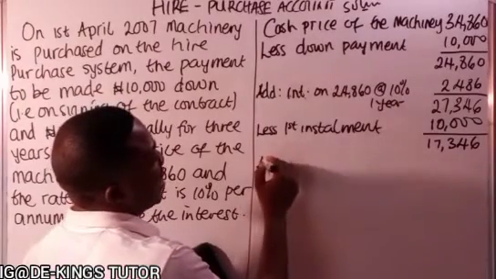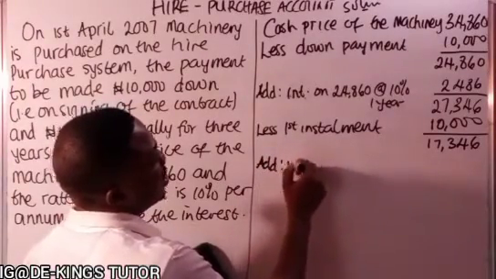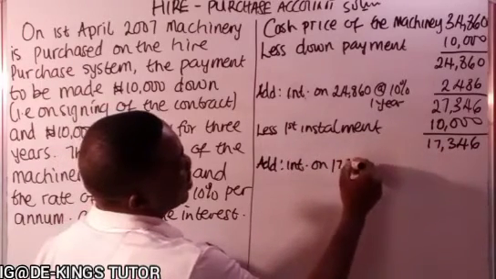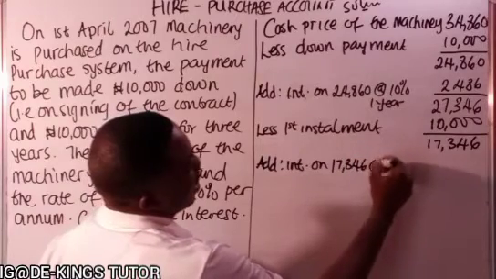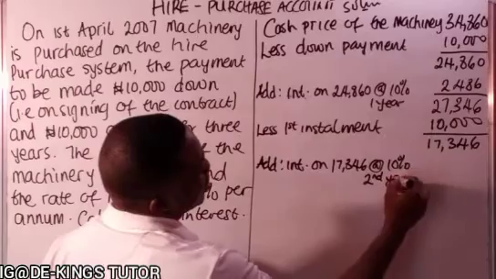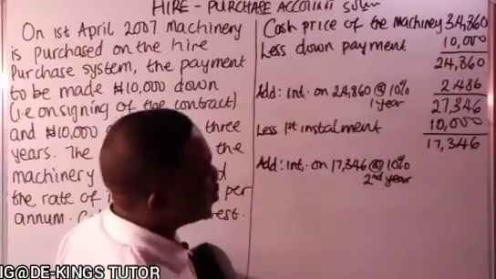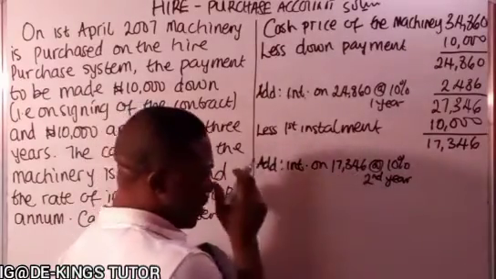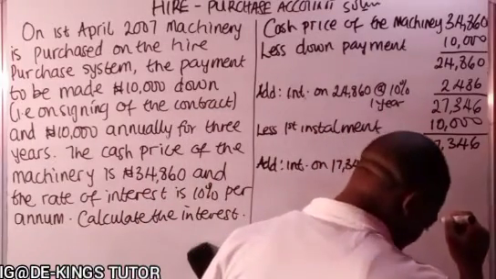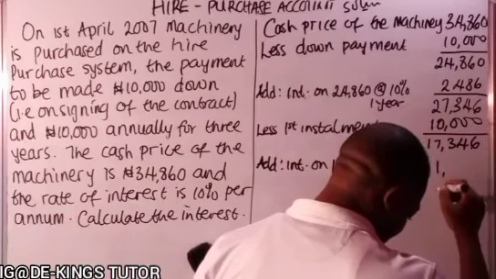Again, we're going to calculate the interest. So we add interest on this amount, 17,346 at 10% for the second year. 10% on 17,346, using my calculator, will give me 1,735.